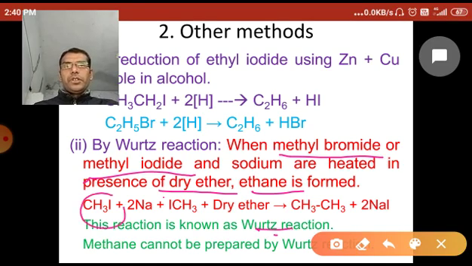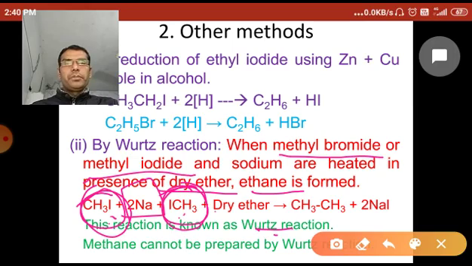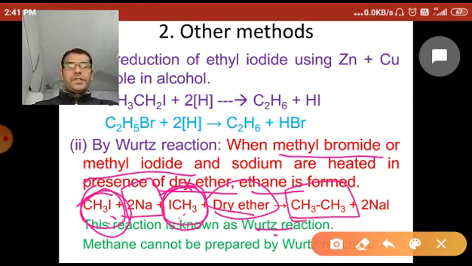So here we can take methyl iodide. Two molecules of methyl iodide react with two atoms of sodium in the presence of dry ether, and they produce ethane gas and sodium iodide as a byproduct.